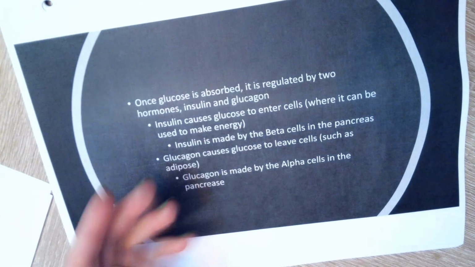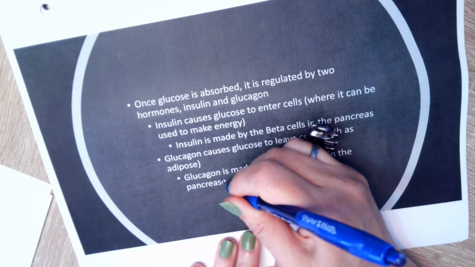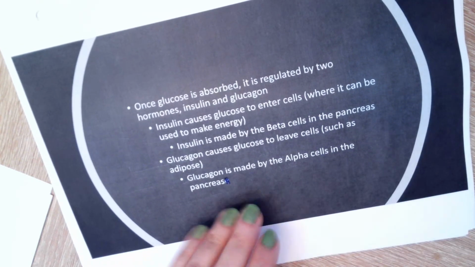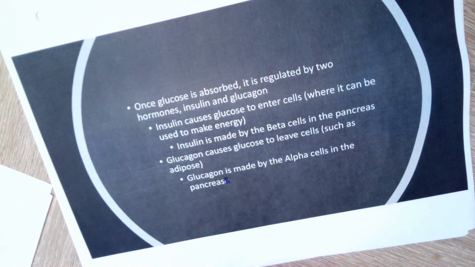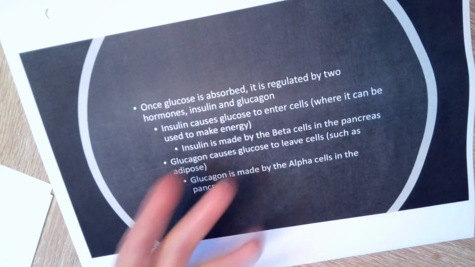But glucagon is made in the pancreas, by the alpha cells in the pancreas, and that would help you to break down fat, so taking the stored glucose out of the fat, putting it into the blood, so that then the glucose can be used by other cells.